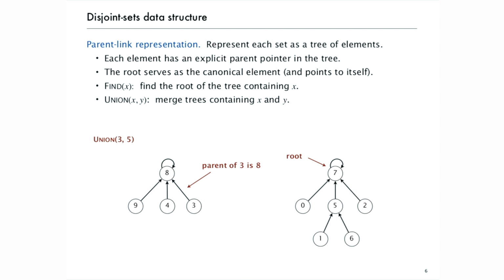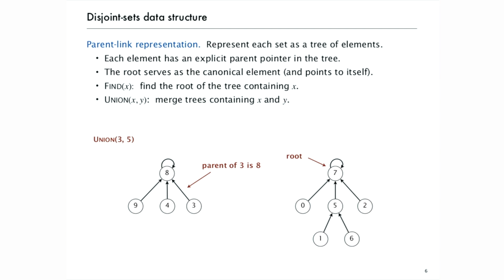Fine. So we are going to use what is called the reverse tree representation, or parent-link representation. I'm going to represent each set as a tree of elements. Each element has a parent, an explicit parent pointer in the tree.